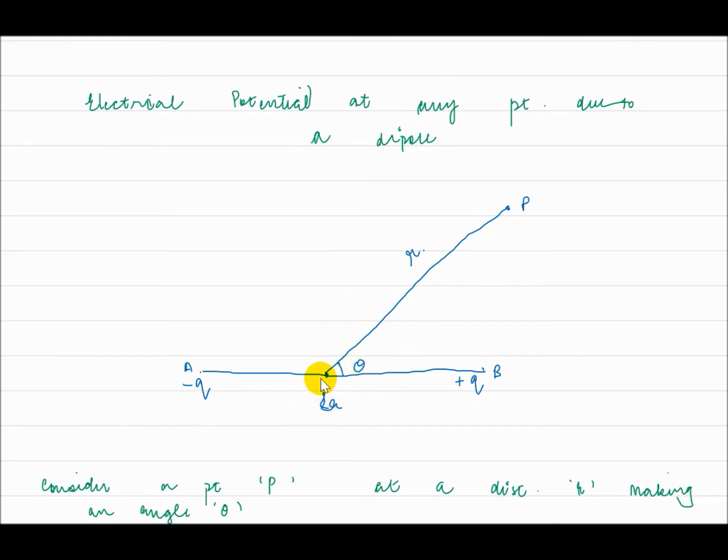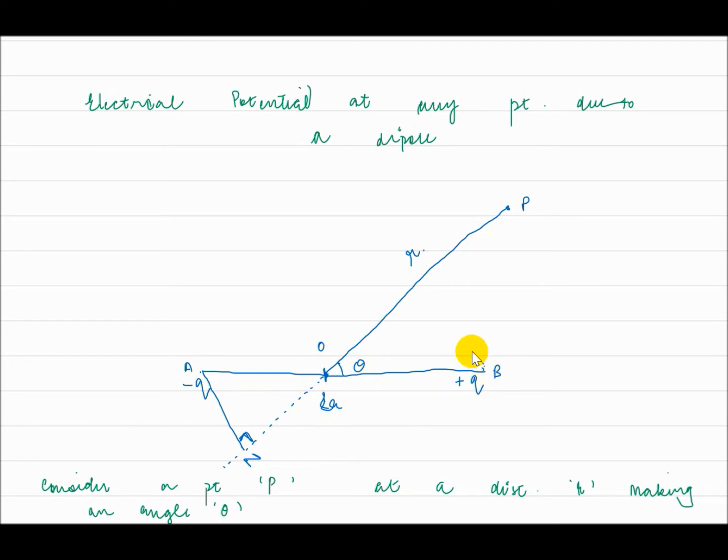Now we'll extend this line backwards. Now we'll do some construction, that is, we'll draw AN perpendicular to PO. Consider this point as O. So we have extended PO and we have drawn a perpendicular AN on PO.